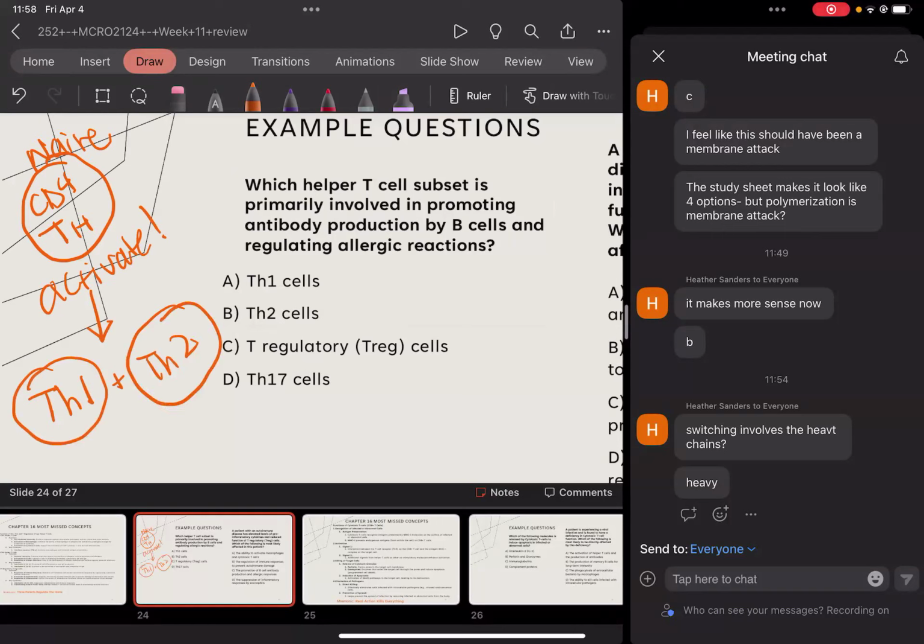Which type of T helper subset is involved in promoting antibody production? That's going to be your Th2 response. That governs your outside response, so it will govern everything dealing with antibodies. It governs outside.